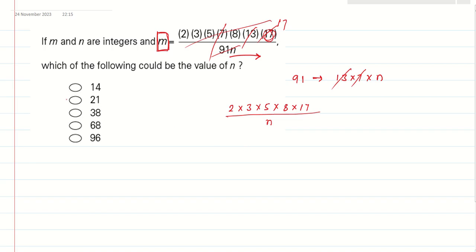So if n equals 14, it is not possible. If n equals 21, also not possible. 38, also not possible. If n equals 68, it's possible to cancel the denominator completely. 68 means what? How do you break it? How do you cancel it?